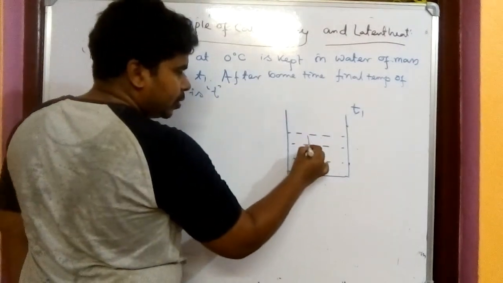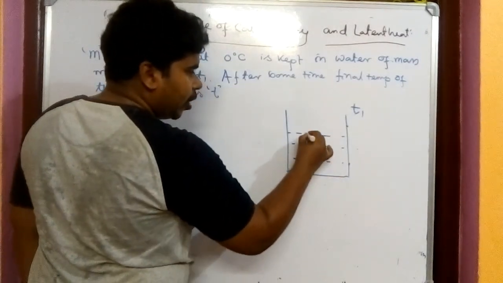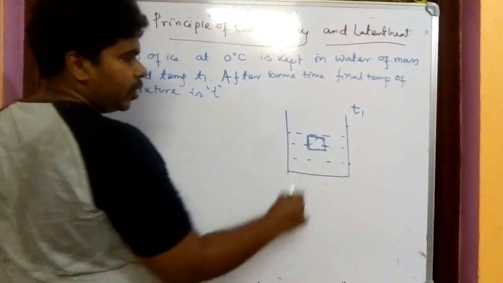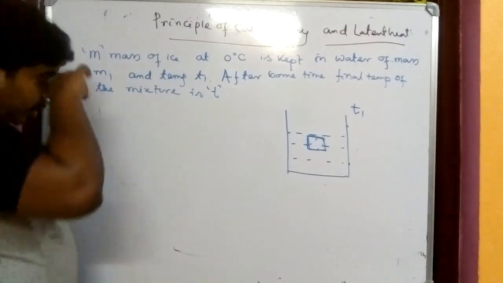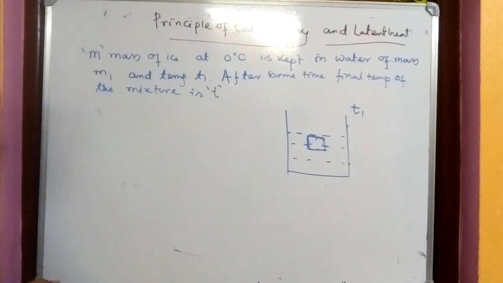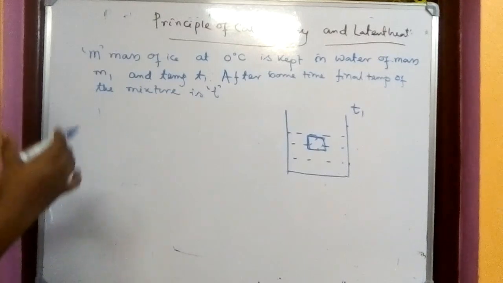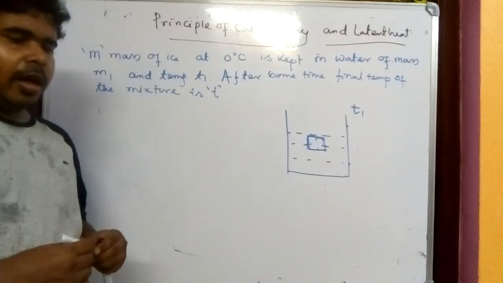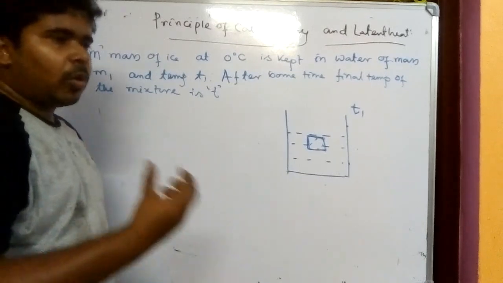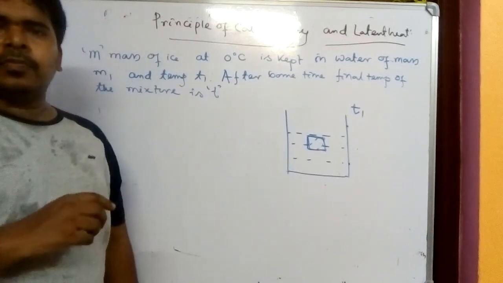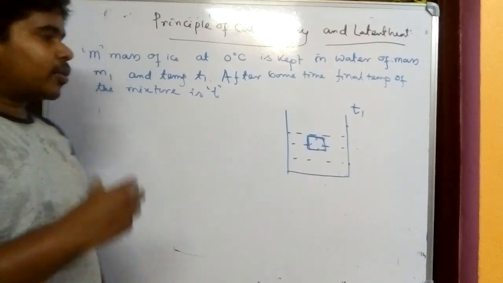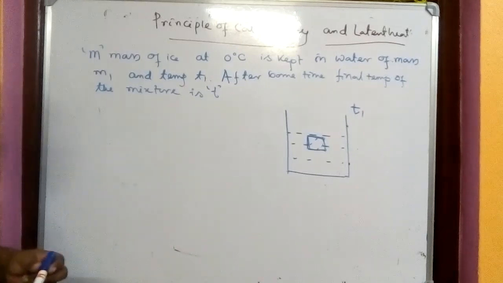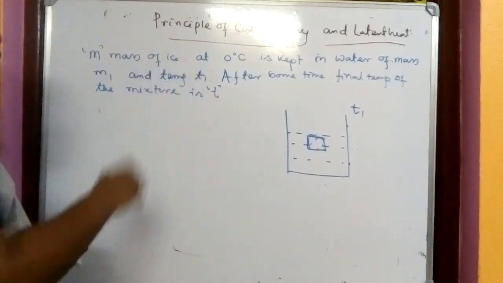Now you put some ice of mass m. As you have put ice over here, its temperature is 0 degree centigrade, I have already told. Then what will happen? The ice will melt. Sometimes we put an ice cube in Coke or in some cold drinks to make it cooler. So here also the ice will melt, and after melting the mixture temperature goes to T.